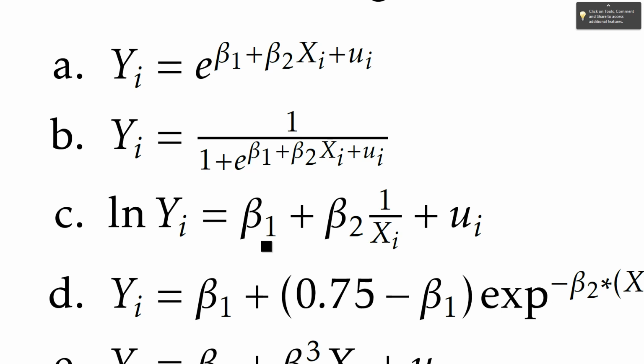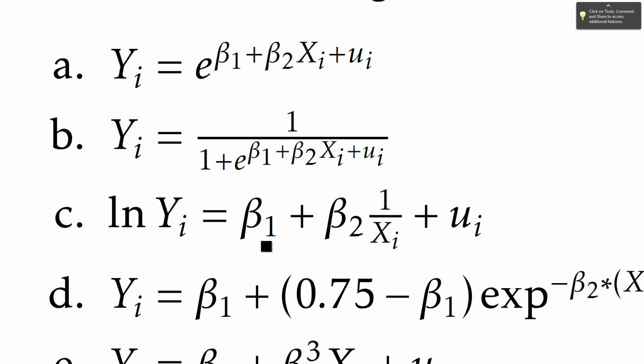What do we need to do? All right, so here we have y equals exponent of beta 1 plus beta 2 xi plus ui.